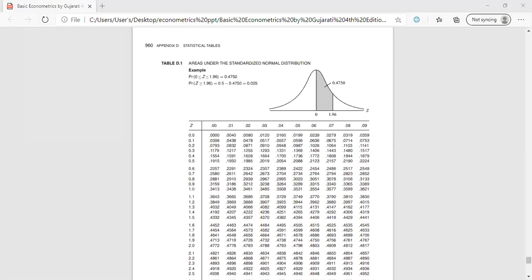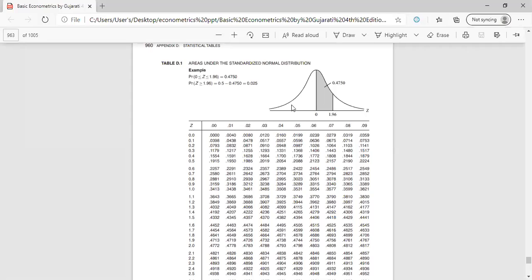Yes, Professor. So basically, when you are saying z less than 2.5, it starts from negative infinity to 2.5. We don't have to divide, but we have to divide it here because our table is like that. Your table is giving you only this part. So I said this whole area is minus infinity to 0.